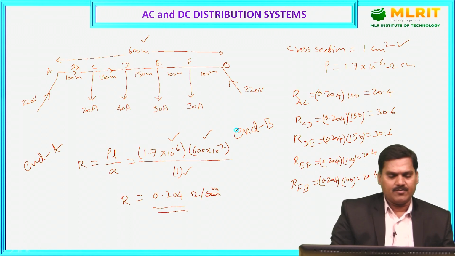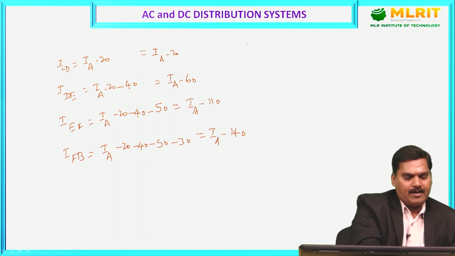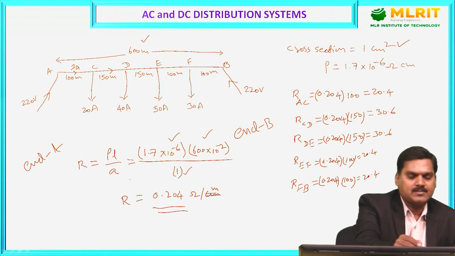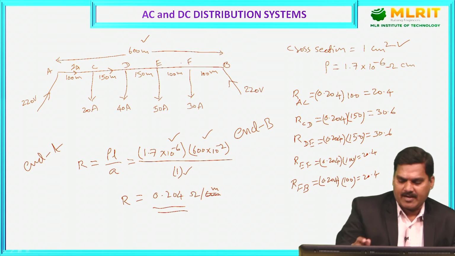Next, if you write the voltage drop between A and B, the voltage difference between points A and B, this comes around the current IA and the resistance of the AC section, that means VAC plus VCD plus VDE plus VEF, like that we have to write.